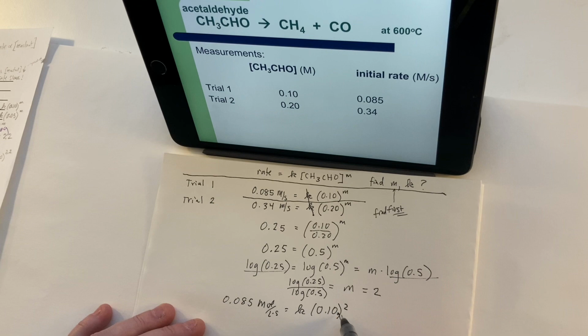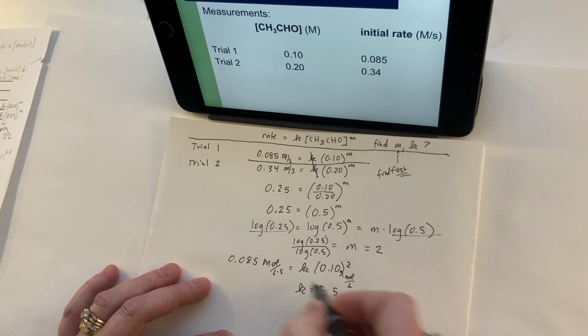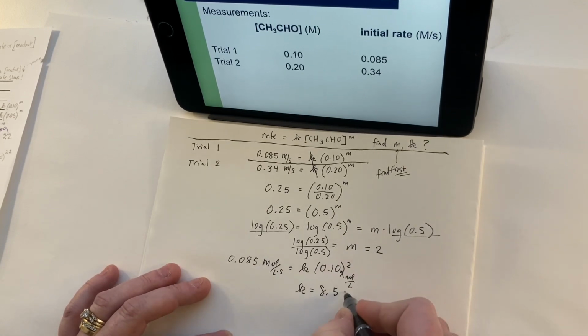Now that 0.1 has units of mole per liter. So that's a mole per liter squared I'm bringing over. So one of those mole per liters will cancel. And so that means my K value, when you solve for it, is 8.5. And my units are liters per mole per second.